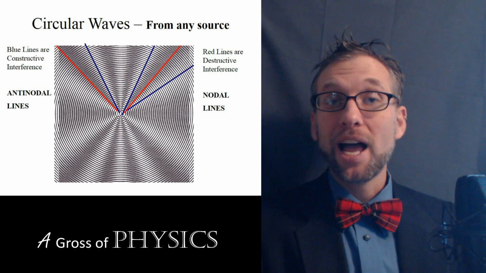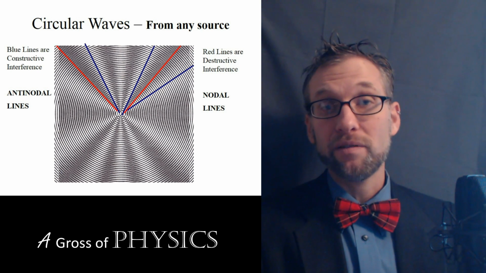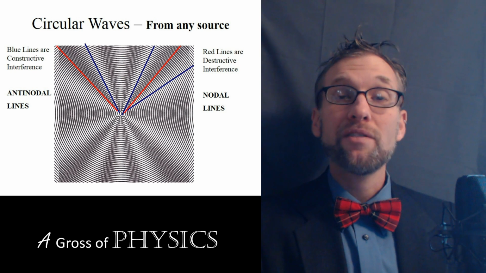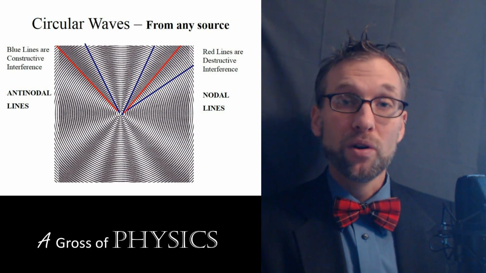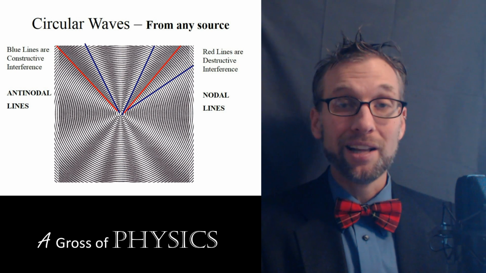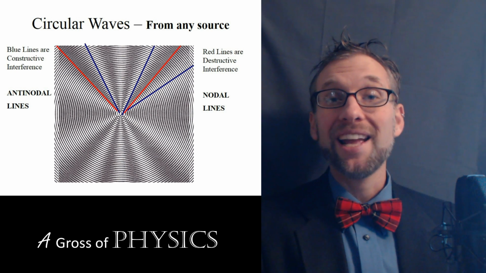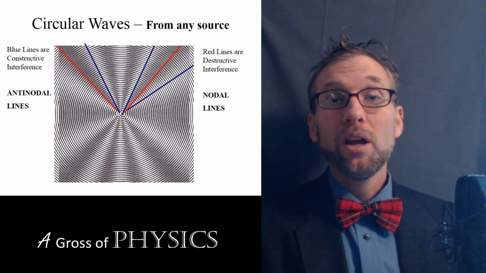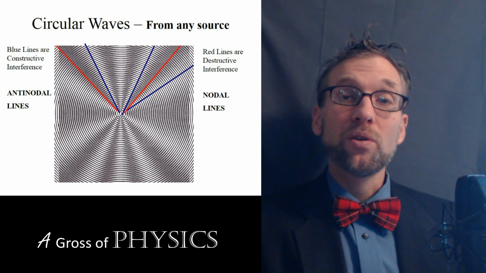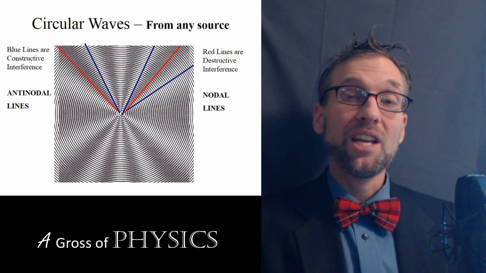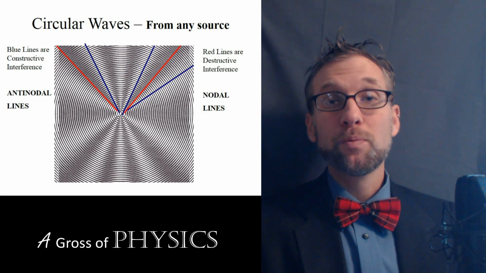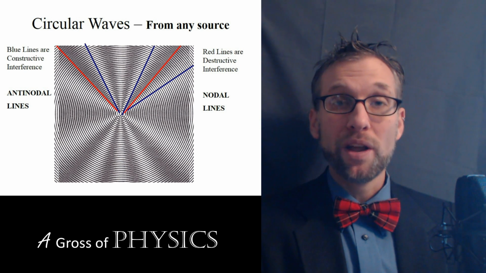If you were to do this outside because there's no echo or reflection of the sound waves in the room, you could have a situation where all of the sound waves where it's a nodal line are completely silent, and all the sound waves where it's an anti-nodal line are loud. So the bottom line is where it's anti-nodal, you have constructive interference, and where you have nodal, you have destructive interference.